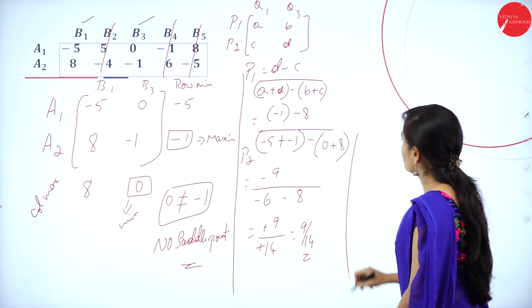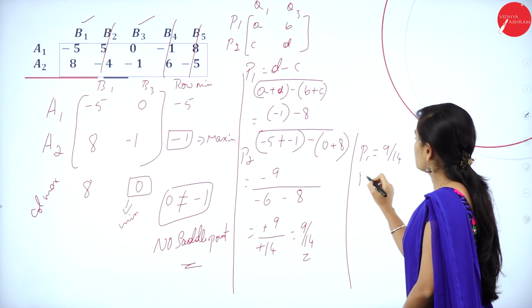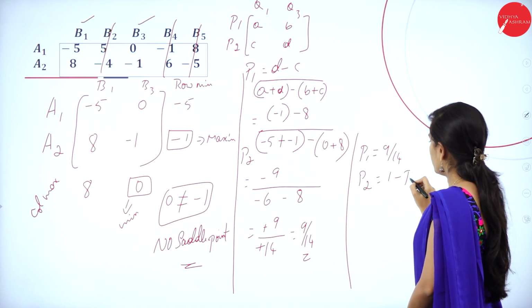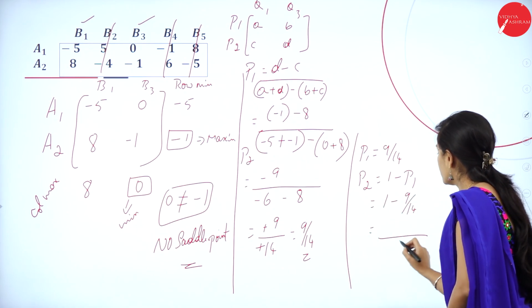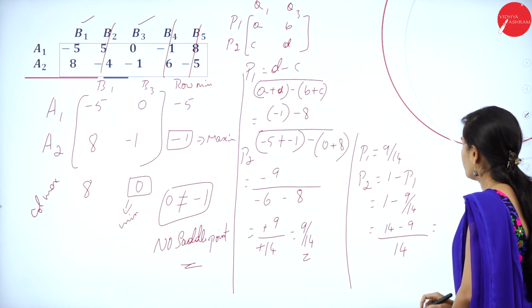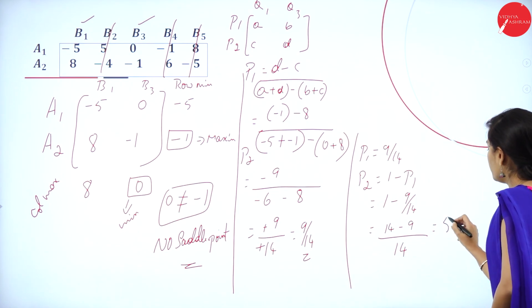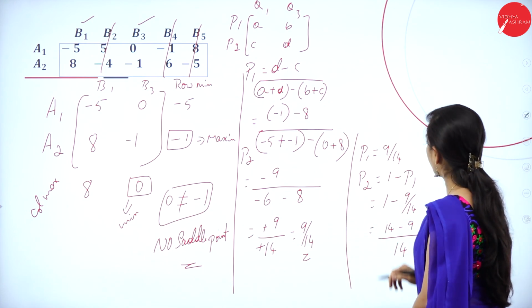If P1 is equal to 9 by 14, what is P2? 1 minus P1. So 1 minus 9 by 14. Take LCM. LCM is 14. So 14 minus 9 by 14. It is 5 by 14.